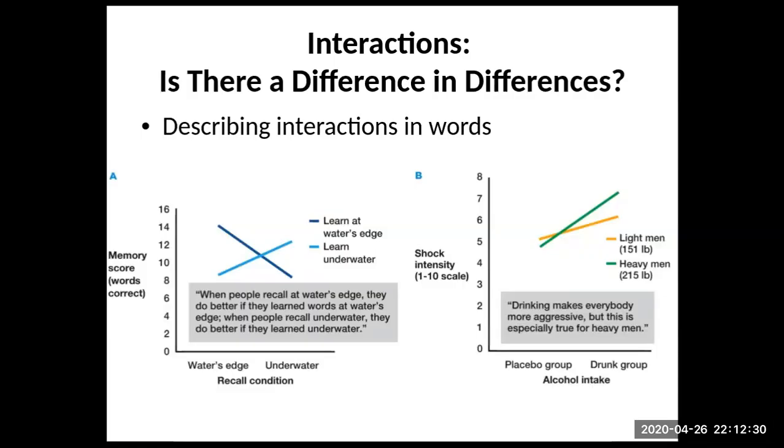So for the shock intensity and alcohol intake, we have placebo and drunk groups, and light and heavy men. And what we see from the lines, as you go from one to the other, we can describe the way the lines look. So drinking makes everybody more aggressive because we see increases in both lines, but this is especially true for heavier men, who increase more than lighter men. So there are different ways to approach how to describe an interaction.